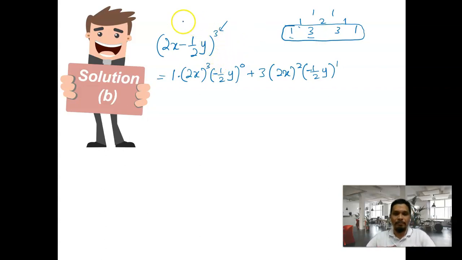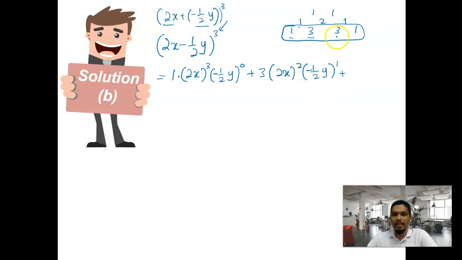Actually, this one we write down as 2x plus negative 1/(2y) to the power of 3 here. So then this is a and b.